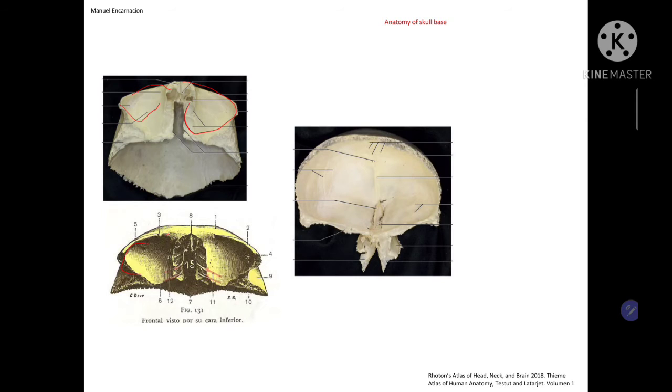Again, you can see it also here. So this area is separated from the Squamous Frontalis by the supraorbital border or margo supraorbitalis.